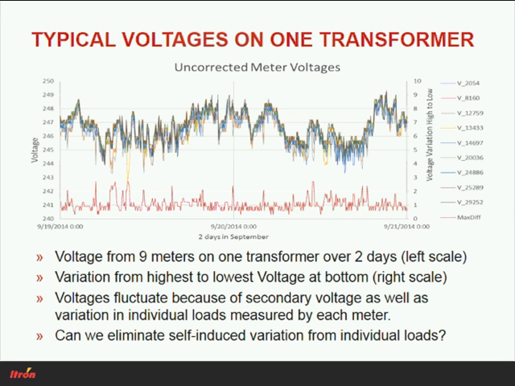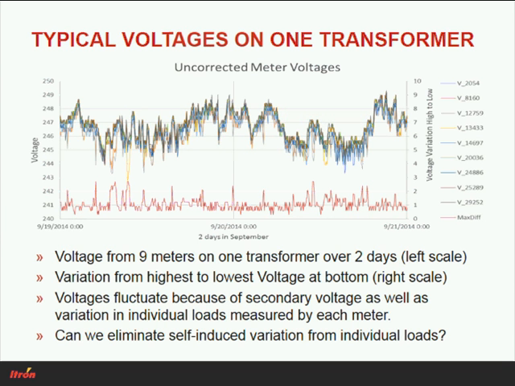For example, if you're looking at this yellow trace here, which is meter 13433, you might wonder what is going on here. Why is the voltage dropping so much? Well, maybe they're having a big load or something, so that's not inherently suspicious. And there's a lot of variation in these different voltages. And so it's a little hard to use any one deviation and say, aha, these people are using something that we don't know about.